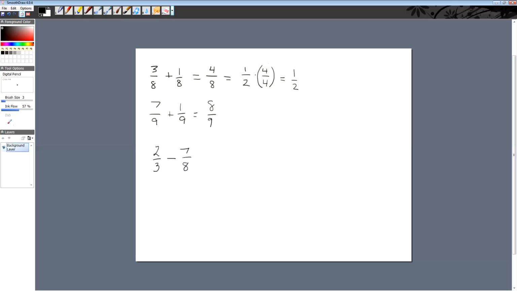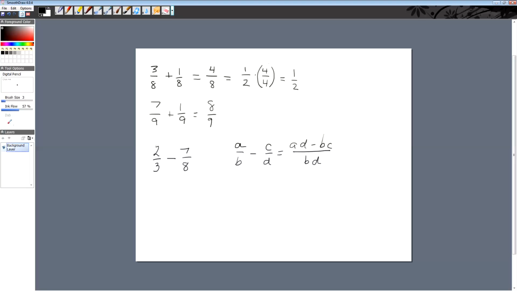So if we use the formula that's listed on page 244, the formula is if you have A divided by B minus C divided by D, that's the same as A times D minus B times C, all divided by B times D. So A, B, C, D.